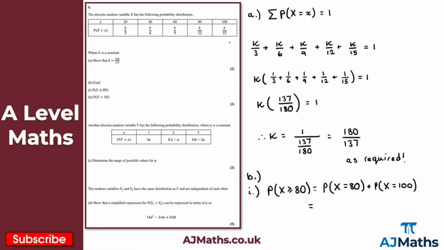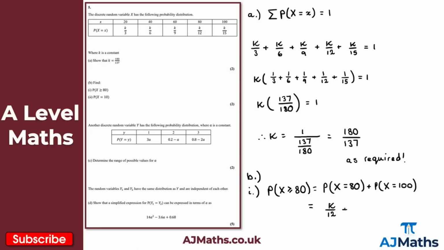Because these are already in terms of k, and we do know the value of k, that's fine. But I'll just give these probabilities in terms of k, and then I'll substitute the value of k in later on. So the probability of x being equal to 80 is k over 12.